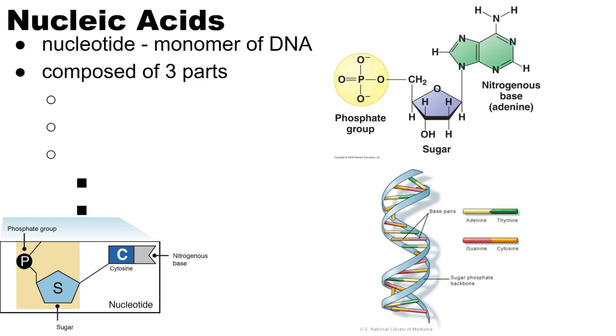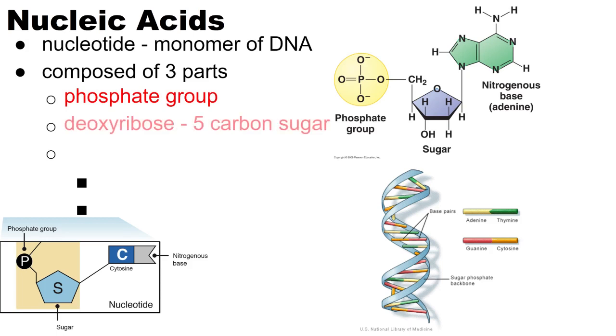A nucleotide has 3 parts. It has a phosphate group connected to a sugar. It's a simple sugar called deoxyribose. And then there's what we call a nitrogen base.